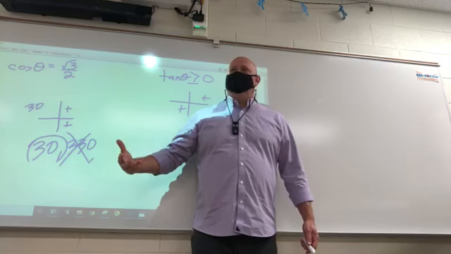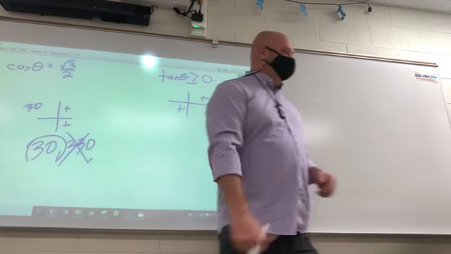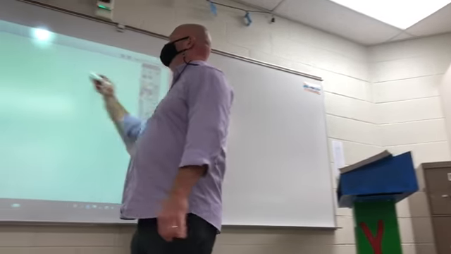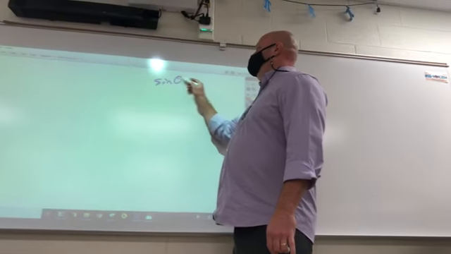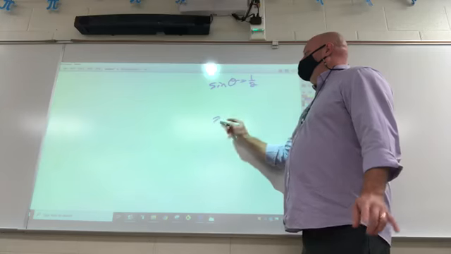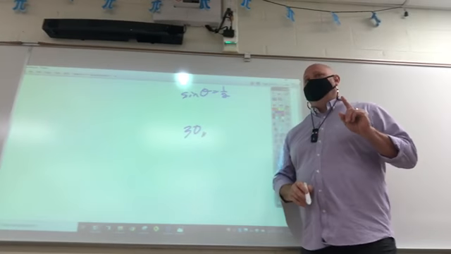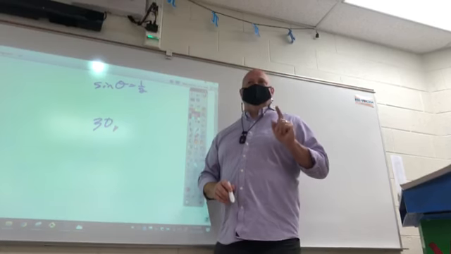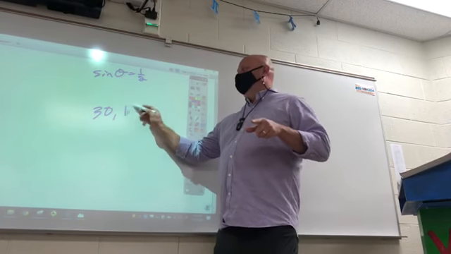So let's do 63. When does sine equal a positive half? When does sine equal positive 1/2? 30, and what other quadrant do I need to be in? Second. So what's a 30 in the second? 150.